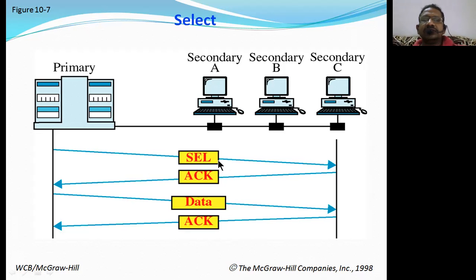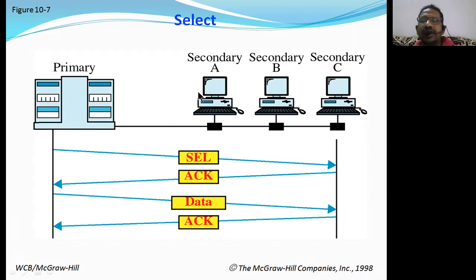This select C is being received by station C because the address is going to match with the address of station C, and station C is going to simply receive this particular select signal.